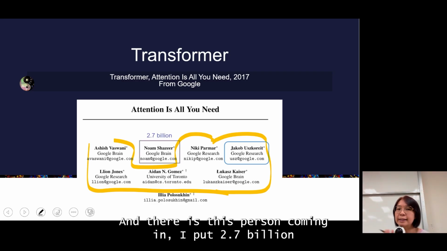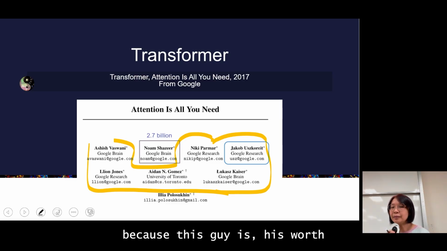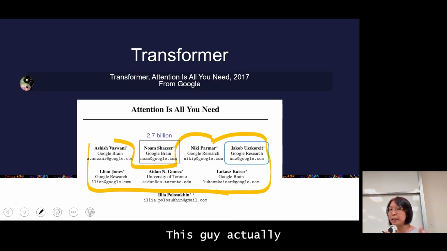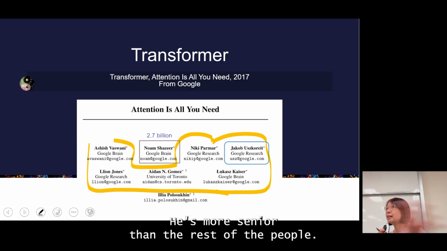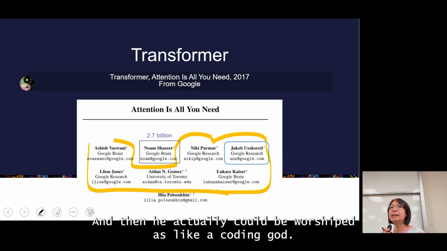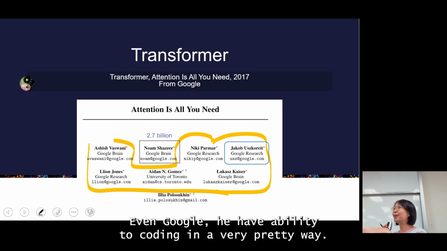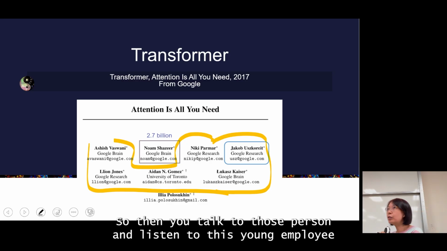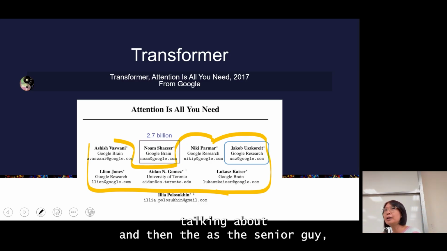I put 2.7 billion because this guy is worth more than 2.7 billion. He is more senior than the rest of the people, and he could be worshipped as a coding god at Google. He has the ability to code in a very pretty way.